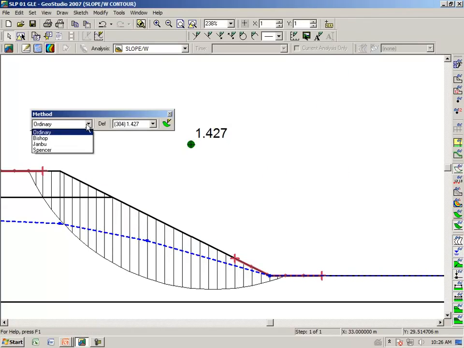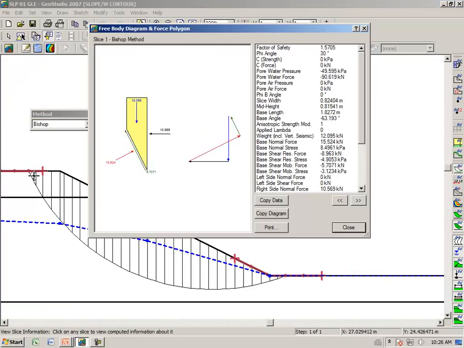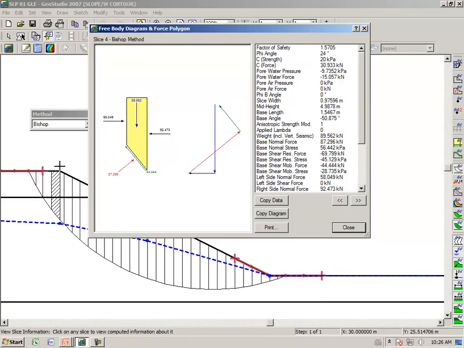Now let us go to the Bishop method. Once again, say View, Slice Information, going back to the crest again, and stepping down to the last slice at the crest of the slope, we now see that we have interslice normals. We have interslice normal forces. Notice, however, that we do not have interslice shear.